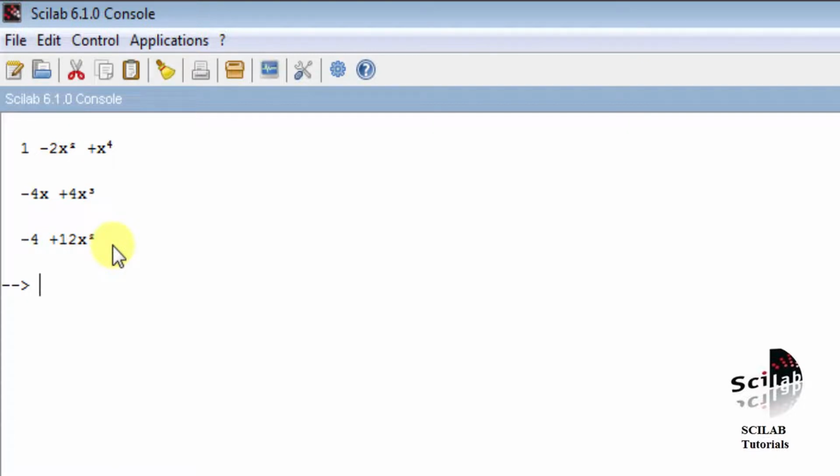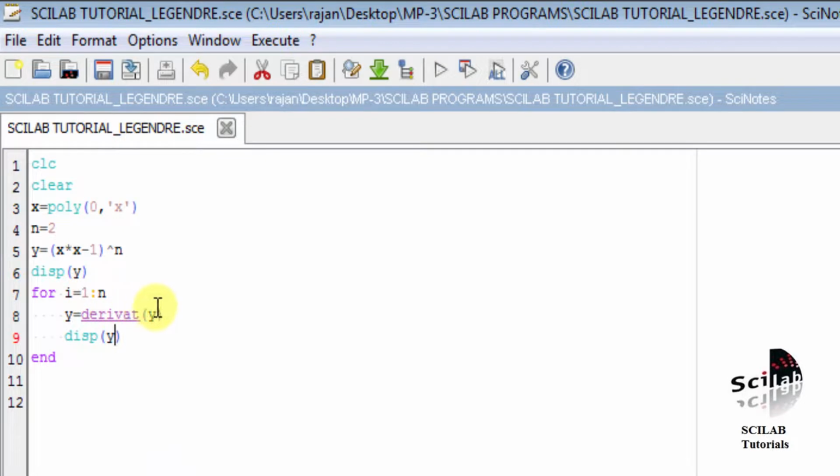So what we are getting is, after executing the loop 2 times or n times, the second order derivative of y. But to get this second order derivative of y, every time we have to store the derivative of y in y only. That means we will overwrite the old value with the derivative value. So now let us remove this.